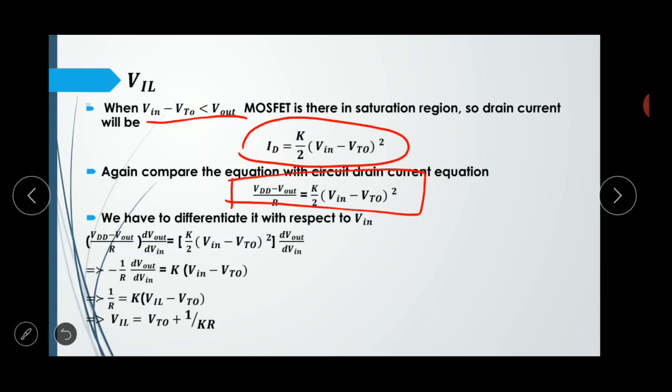As we don't have the value of Vout, we have to differentiate with respect to Vin. So we take the derivative of both sides with respect to Vin, dVout by dVin. After solving the equation, at the end we get VIL equals Vt0 plus 1 by KR.